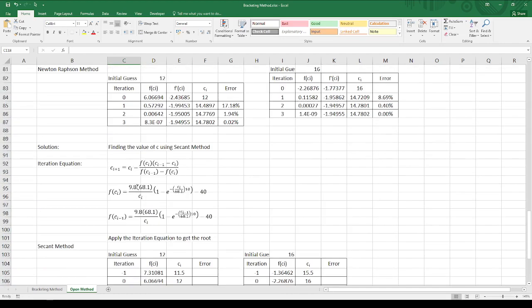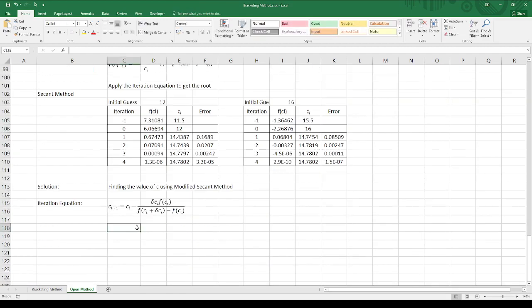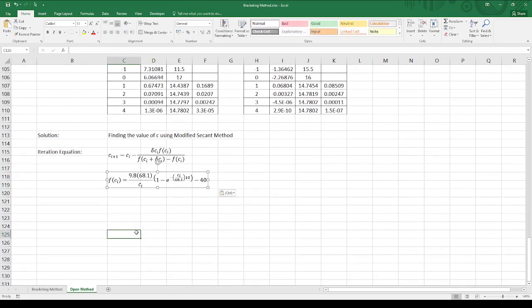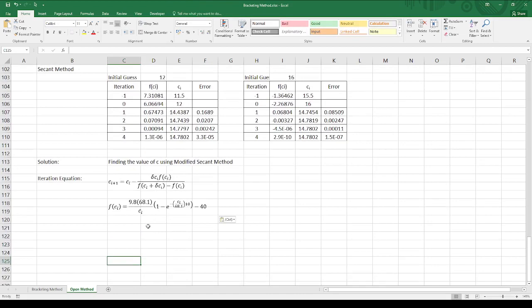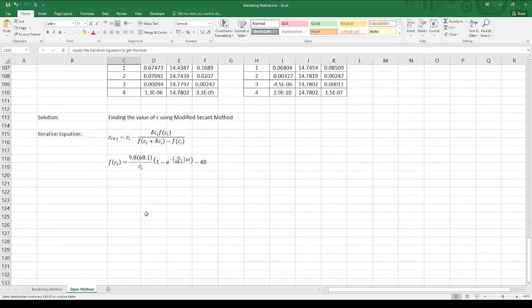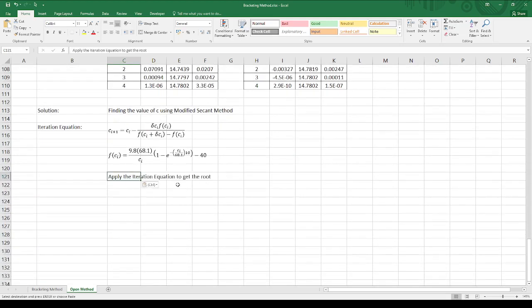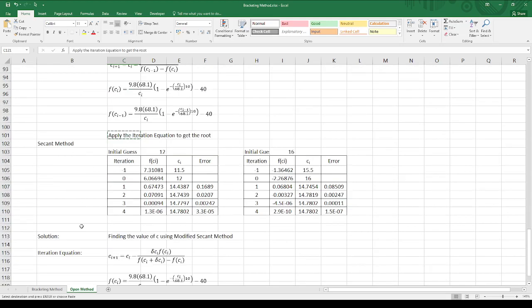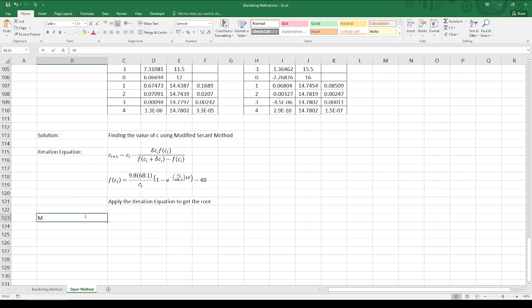So, where your F of C sub I is just the same to this one, then that's fine. So, let's try to apply this. So, apply this one. Then, this is modified secant method.